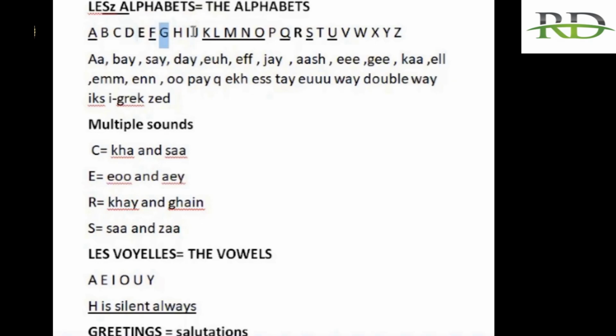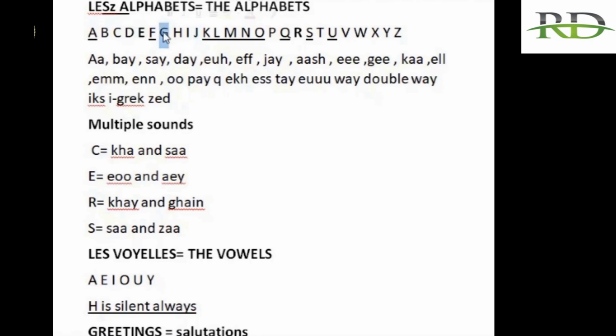Okay, now G and J, they are friends. You don't pronounce H, neither G. So G and J, they have exchanged their sound.